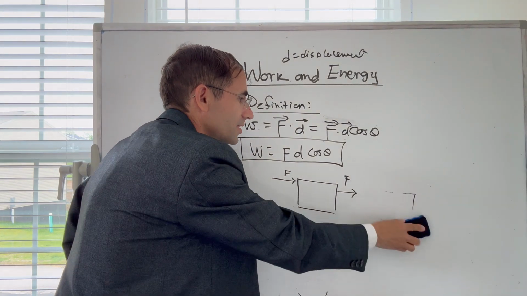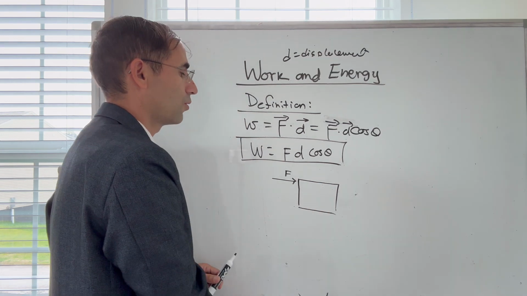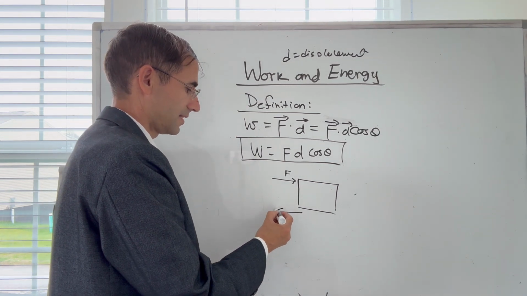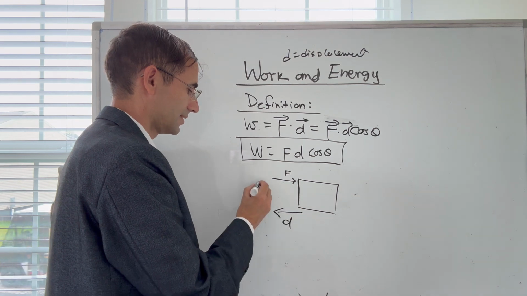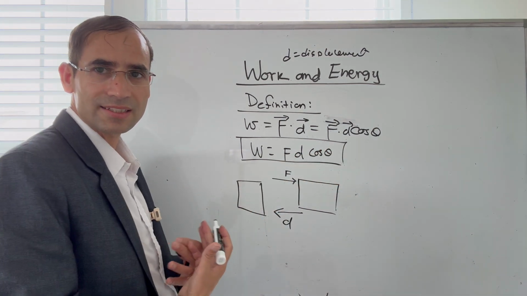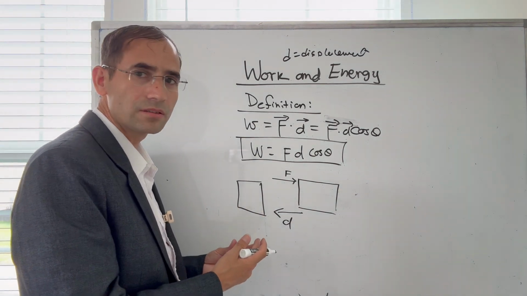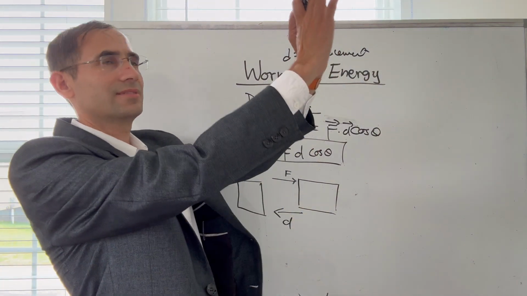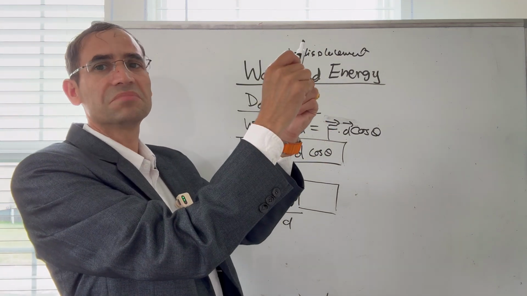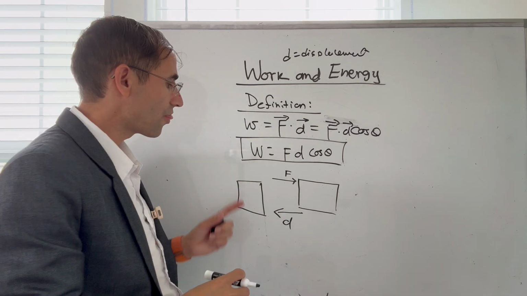There are situations like this in real life. You apply the force in this direction, but the object may be displaced in this direction. Take an inclined plane: you are pushing up, but your force is not sufficient and the object moves back, so the displacement is in the backward direction.